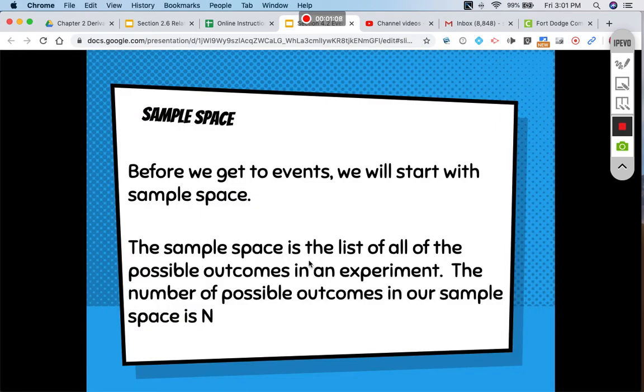Before we do that, we're going to talk about the sample space. Again, I used that already. The sample space is the list of all the possible outcomes. Again, when we're using that F over N, we need to have equal likelihood of any possible outcome happening. So as we looked at when we were rolling the two dice in the previous lesson, we couldn't just say, hey, the sum of the two dice.